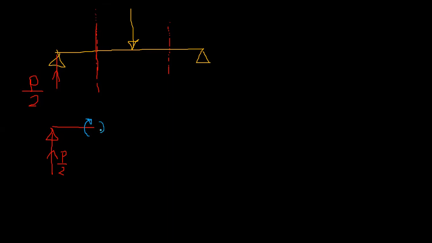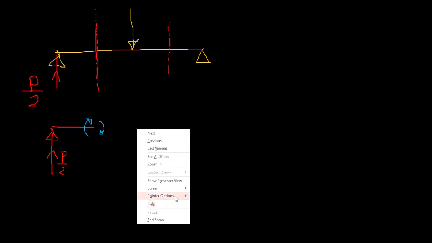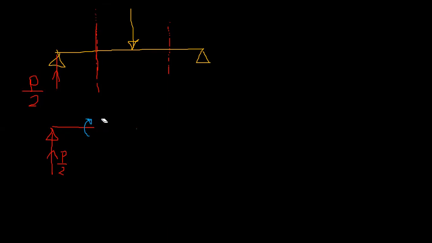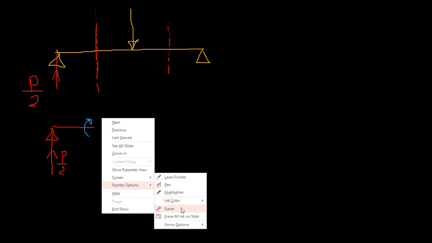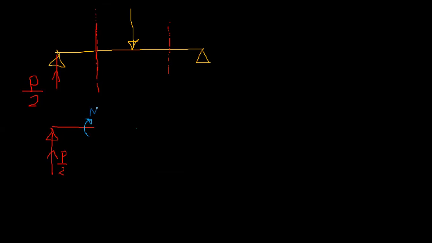If you apply it like this, you cannot simply determine whether it is sagging or hogging. It looks like sagging, but it's actually coming this way. And again, always draw it across the member. Let's say this is M, since we don't know the value.